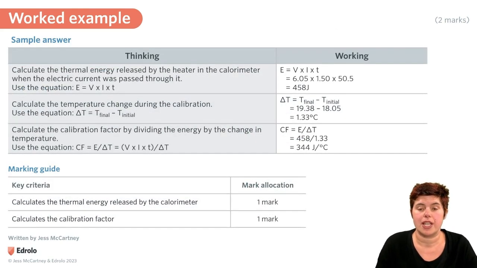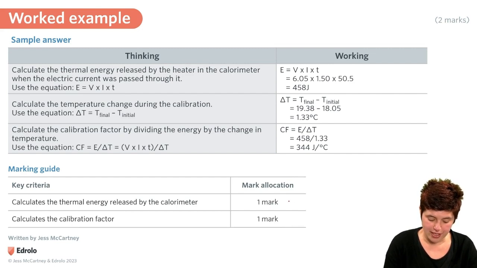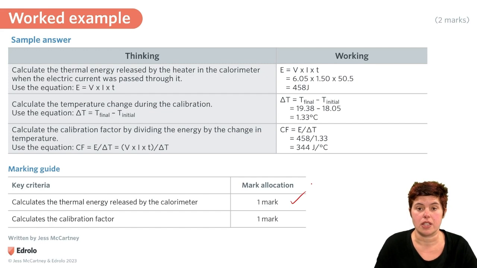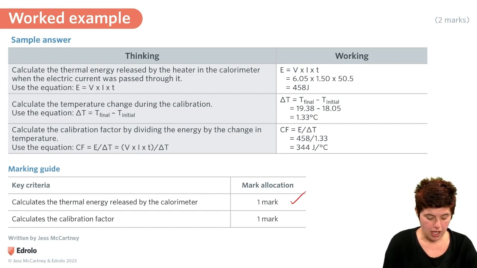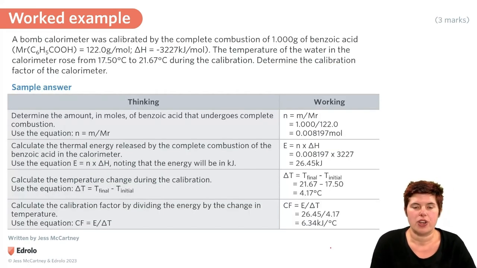So this question is worth 2 marks. The first mark is calculating the energy released by the calorimeter, so that's using the volts, amps, and time. And the second mark is calculating the calibration factor by working out your temperature difference and dividing that by the energy from step 1. All right, let's have a go at another question.